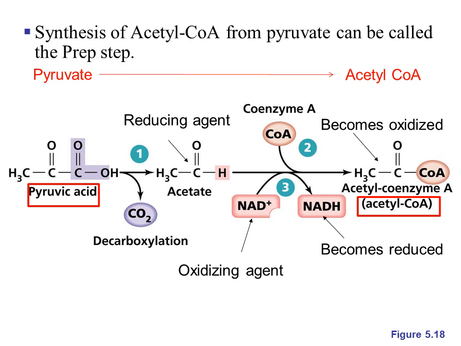The prep step is nothing more than taking pyruvate and converting it into acetyl-CoA. Now, in order to do this, we're going to release one of those carbons. Pyruvate contains 3 carbons. We're going to release one of those carbons, and the product that's going to be left over is going to be a 2-carbon molecule called acetyl-CoA.